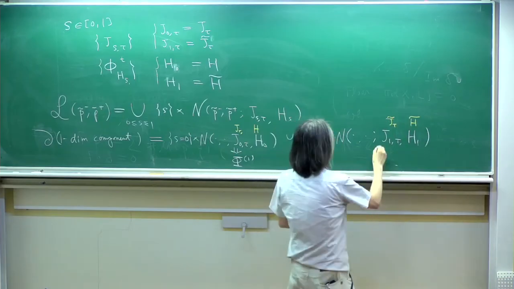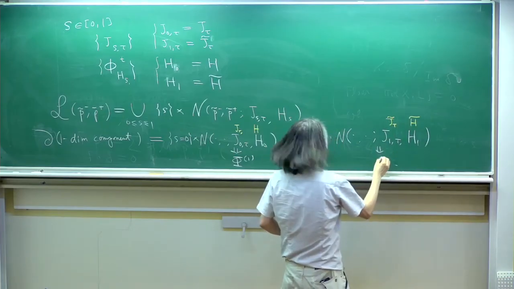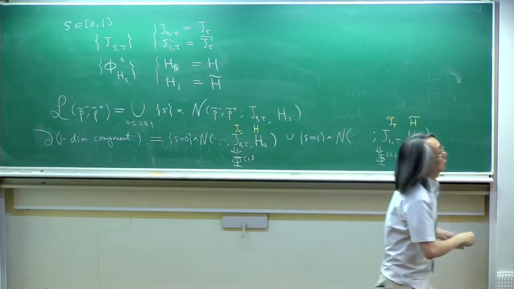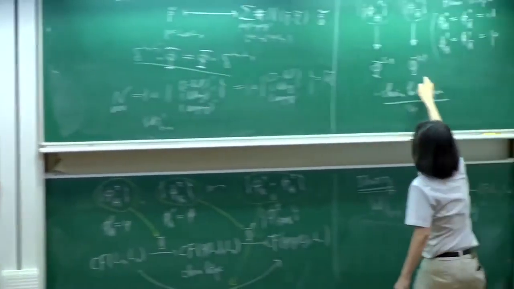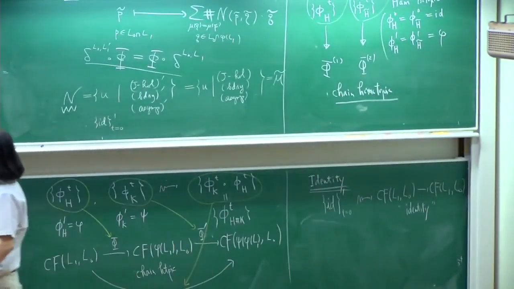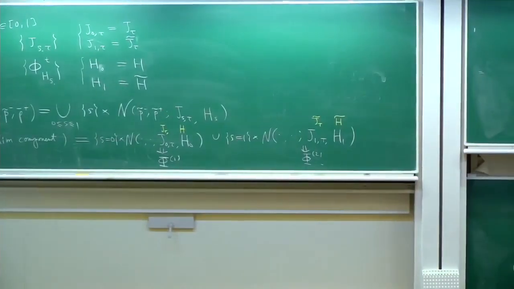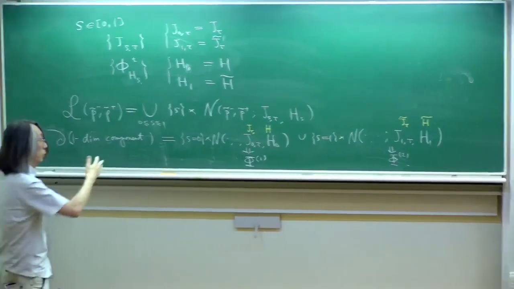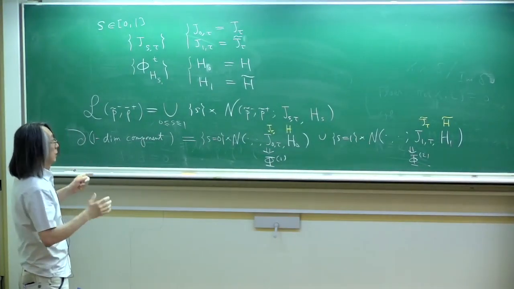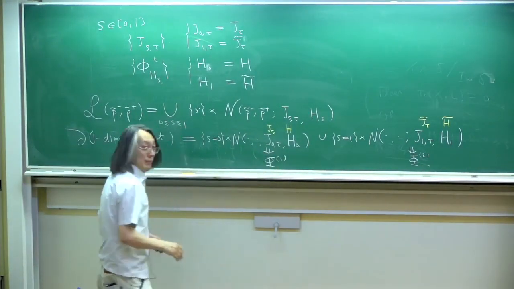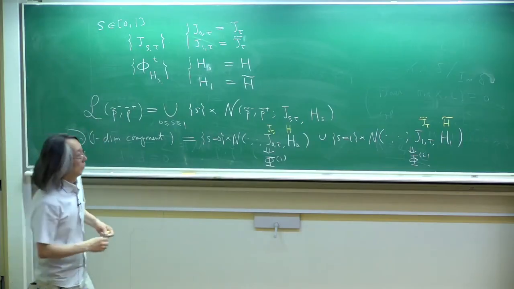So therefore, from here, what you get is phi 2. So you have these two chain homomorphisms from this moduli space. Just count the number of points in the moduli space. And if it is only these components, then actually, if we put some sign, it is just the same. But in fact, we have more.